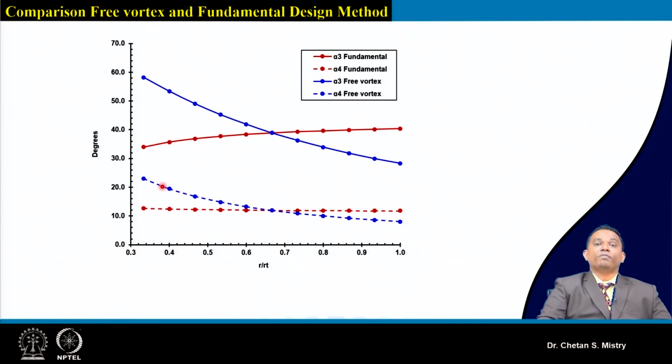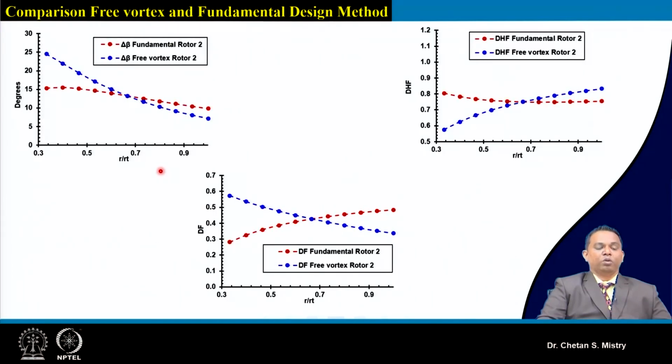And when we opt for the free vortex approach, this angle is coming to be large near the hub region. Now this is representing how my delta beta, de Haller's factor and diffusion factor are varying along the span.